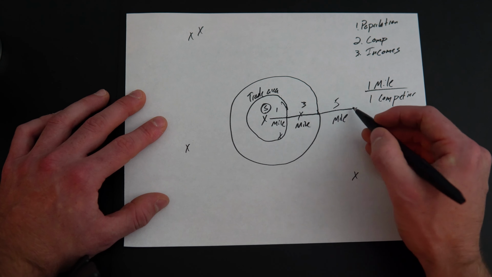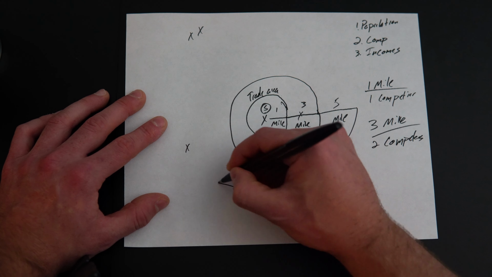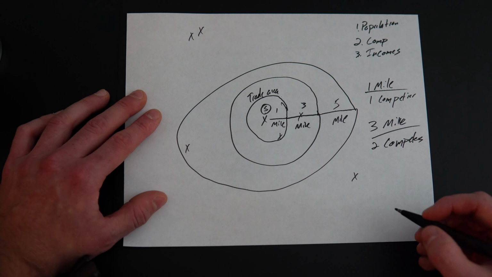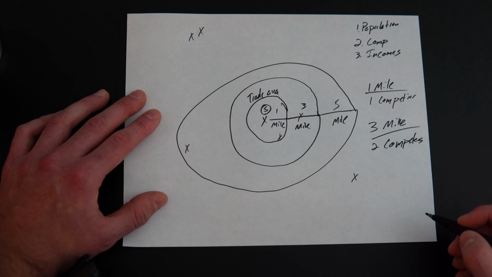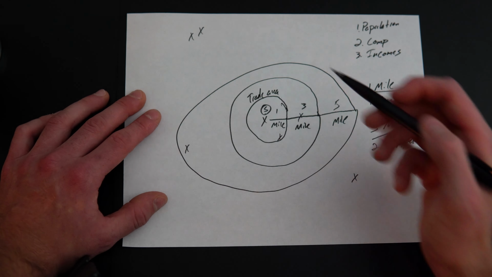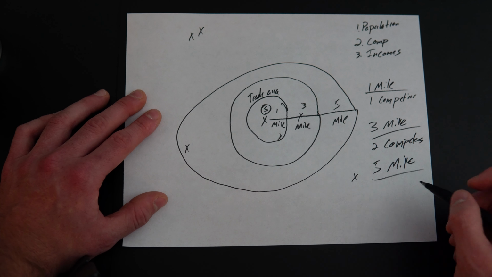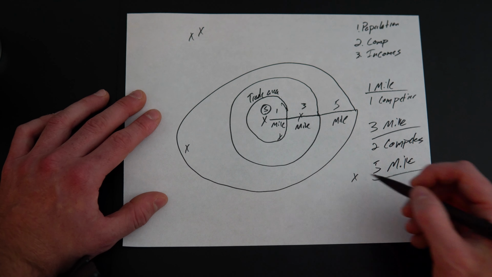So that means from this point out and all the way around it, again, sorry for my drawing, I'm a math guy, I'm not an artist, right? But let's say this guy fell in it, but this guy and these guys did not fall inside of it. So inside the 5 mile, we have 1, 2, 3 competitors.